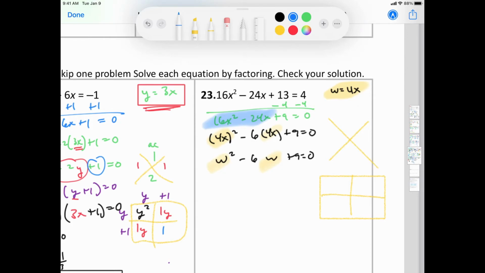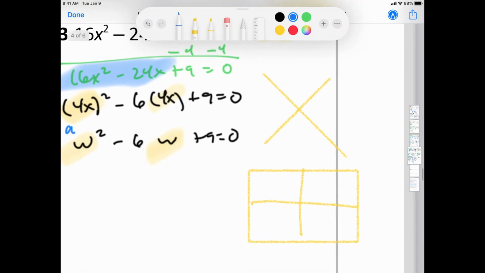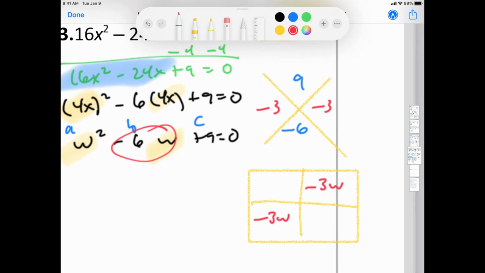So a times c is 9, b is negative 6, negative 3, negative 3. What are we splitting here? Okay, a is 1, that always goes here. That one always goes here.